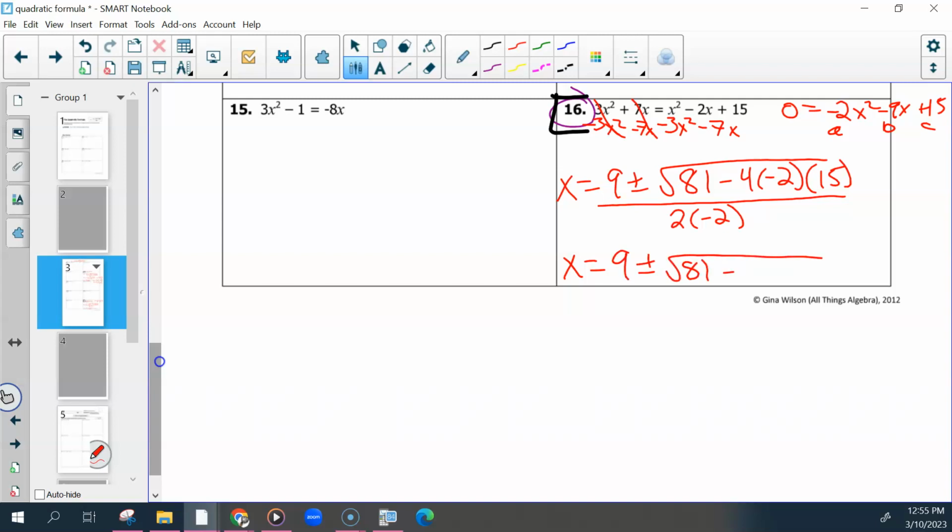So what is negative 4 times negative 2 times 15?